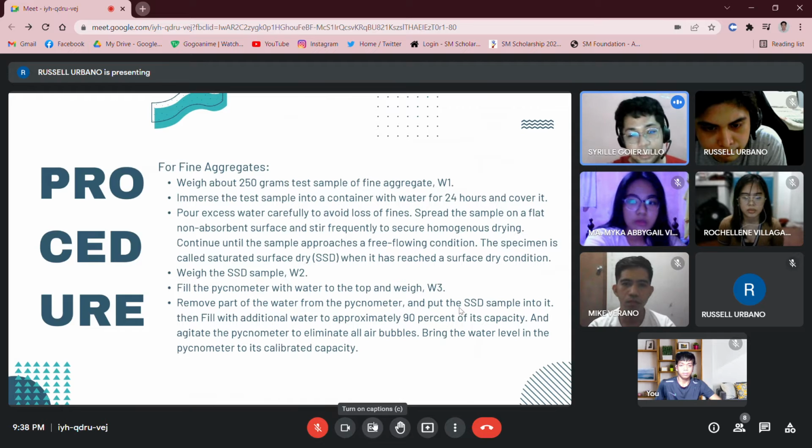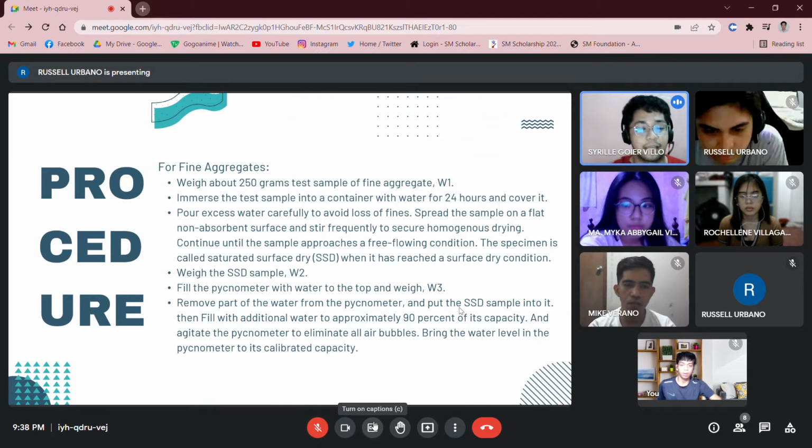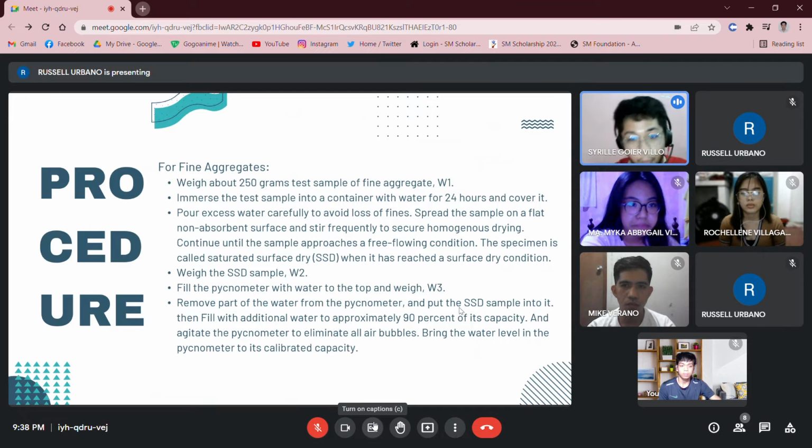The specimen is called saturated surface dry, or SSD, when it has reached a surface dry condition. Next, weigh the SSD sample and label it as weight 2. Fill the pycnometer with water to the top and weigh, and it is weight 3.